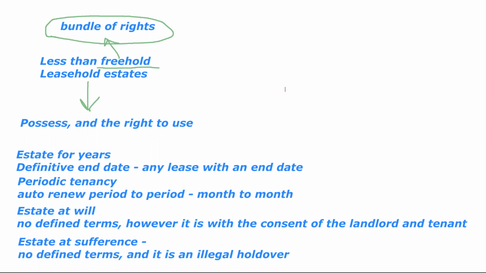So that's the situation there. That was a great question to ask. In essence, one of the precursors for an estate at will is that there are no defined terms. As soon as you define a term, it basically changes the whole thing.